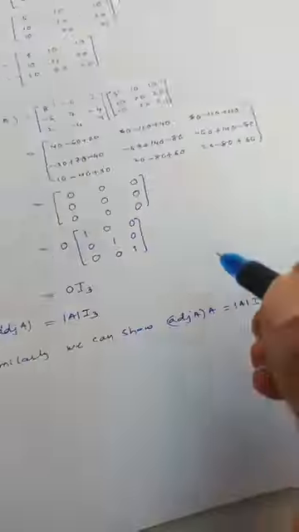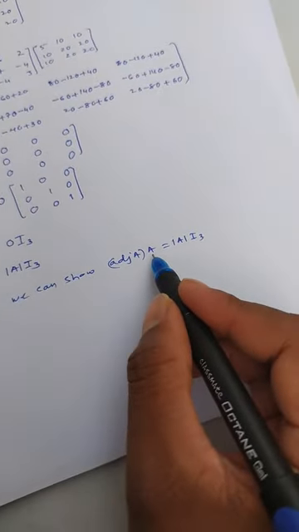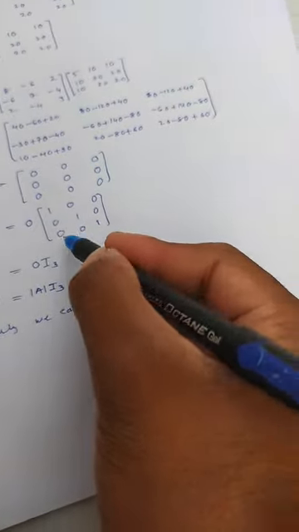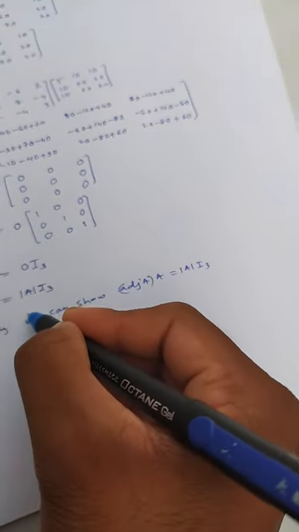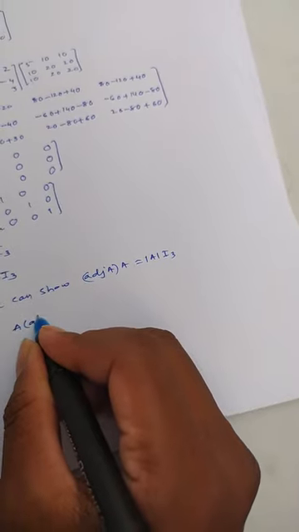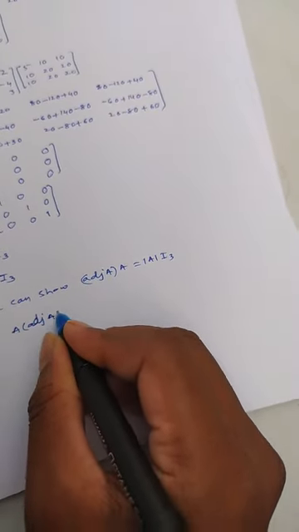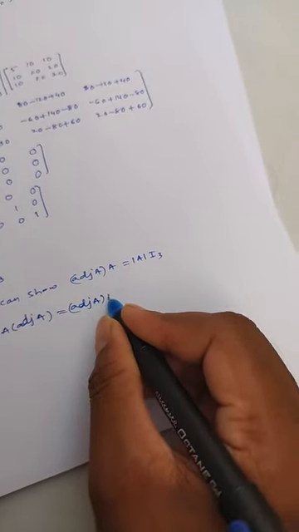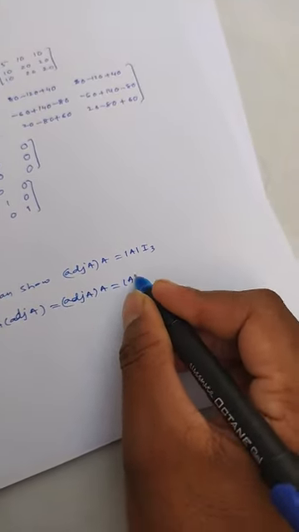In the same manner, you can multiply adjoint A and A, again you will get a null matrix. The null matrix you have to convert into 0 into I3. In place of 0, again keep determinant of A. So at the end of this problem, write down A into adjoint A is equal to adjoint A into A is equal to det A into I3.